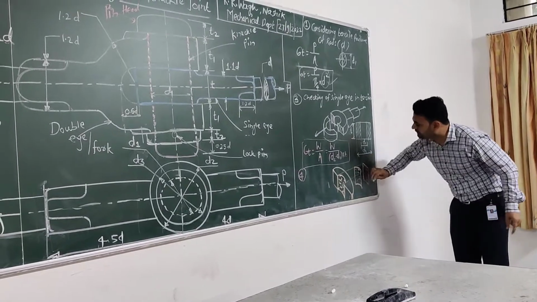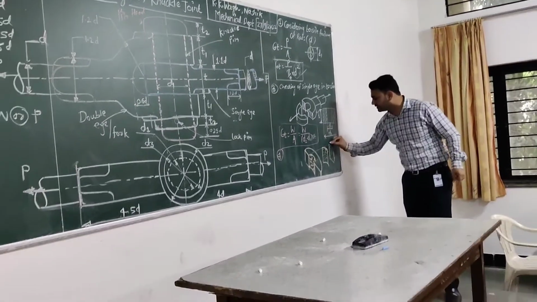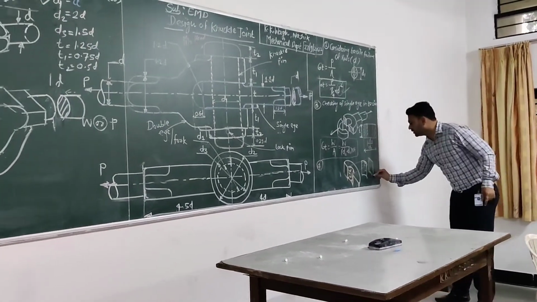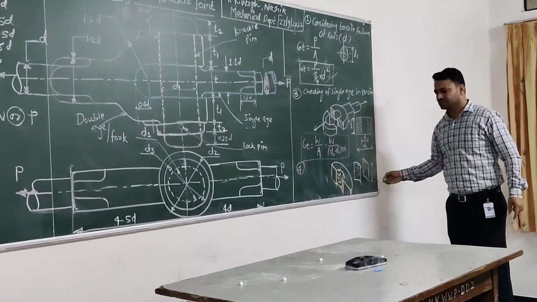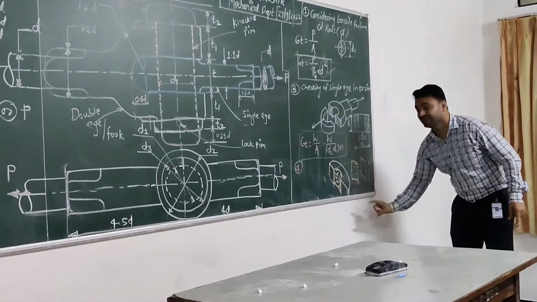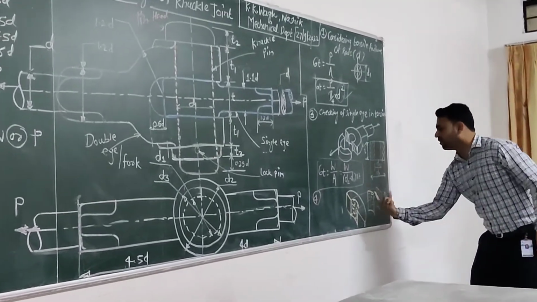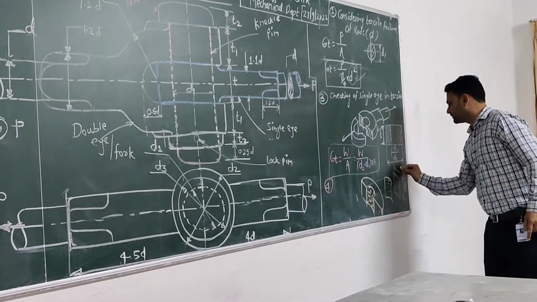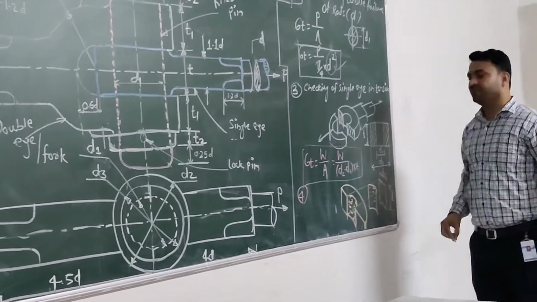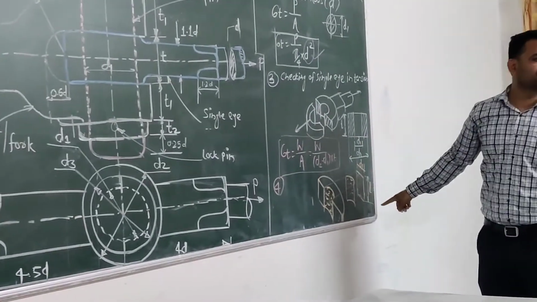Actually the curvature is visible, but seeing from the front direction it will look like a rectangle. This will be equal to thickness t, and this will be equal to d1. D1 means diameter of knuckle pin. So this is the area of failure.